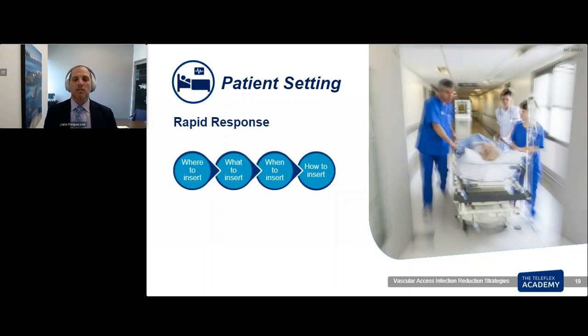In a rapid response, I would say a central line is almost never appropriate. Certainly, if a patient already has one, use it. If somebody has peripheral IVs, use them, use the IO. For any of the clinicians on here that have been called to a rapid response, invariably it's somebody who is decompensating and the floor where this person is, for whatever reason, just lost the IV access just prior to you getting there.